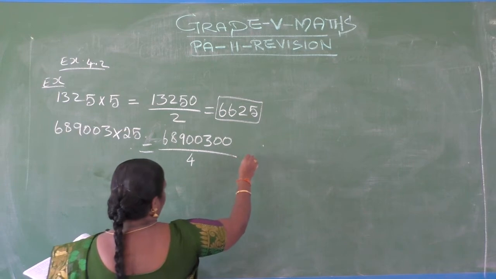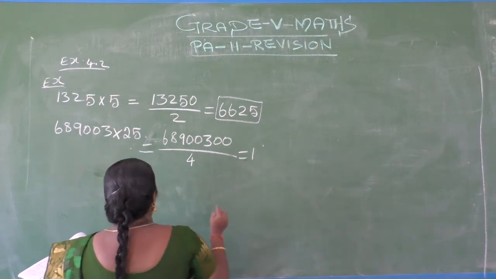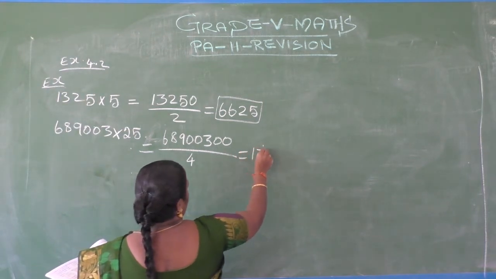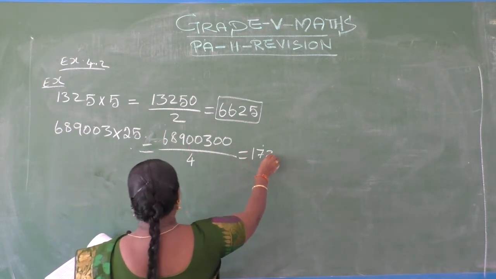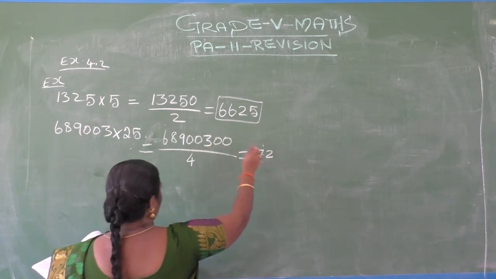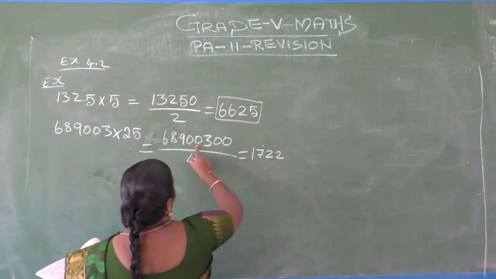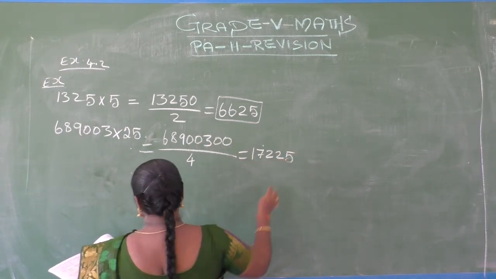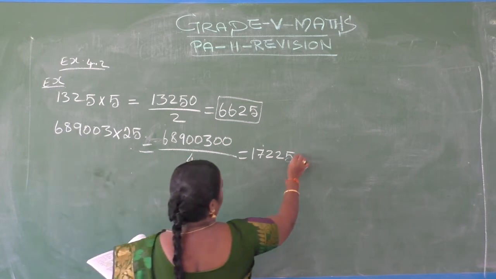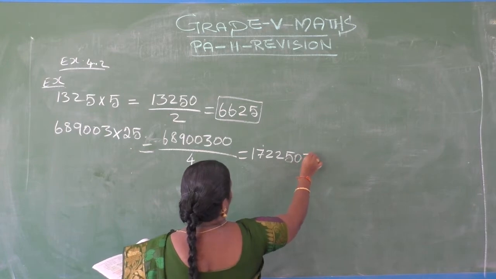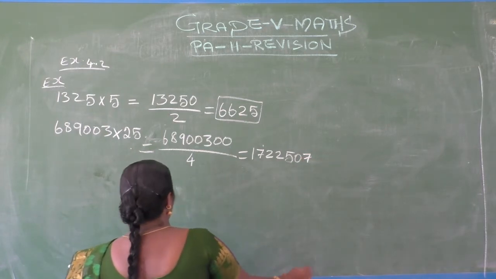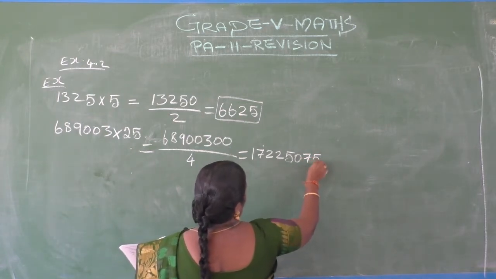In 6, one 4 is 4, then 7 times it will come, again 2 4s are 8, again 2 4s are 8, 5 4s are 20, 0 we cannot divide, then 7 times it will come, 5 4s are 20 again.